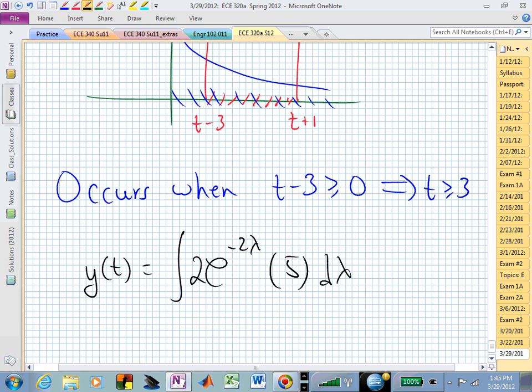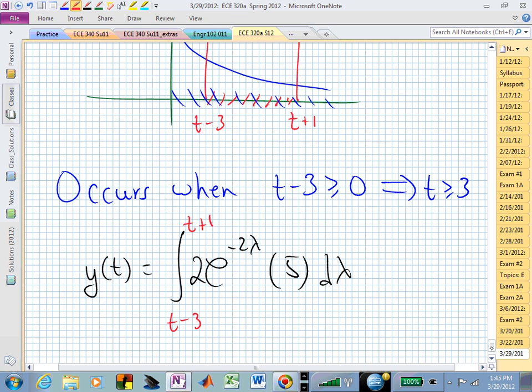But to find the value or expression for y of t, we need to select these limits of integration. And what are those? You go up and you look, where's my crosshatch? t minus 3 to t plus 1. Those are my limits. So now I have the limits from t minus 3 to t plus 1.